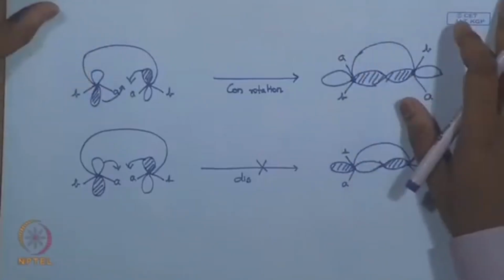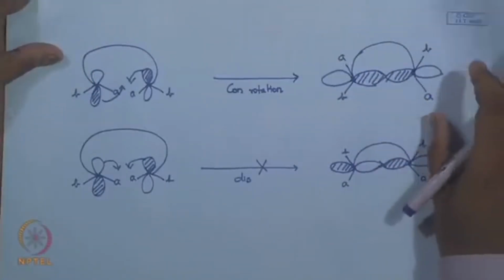If it is the same, then you call it con. If it is different, then you call it dis. Clear? Okay. Because keeping this in mind only, we can go for other reactions, we can step on many other problems of pericyclic reaction. This is very important. If you have any doubt, please let me know.